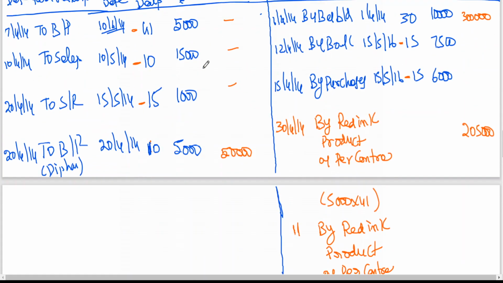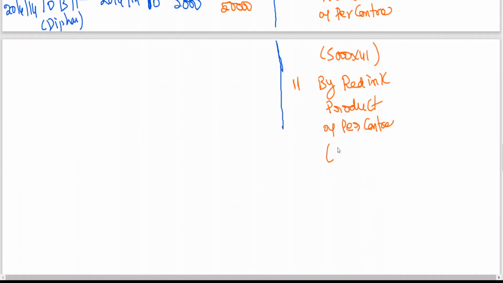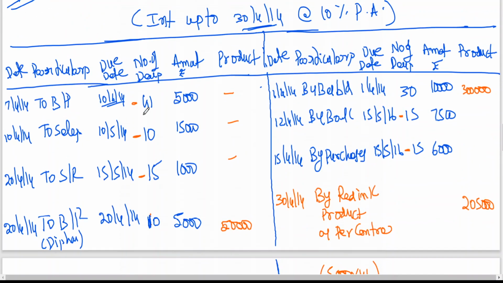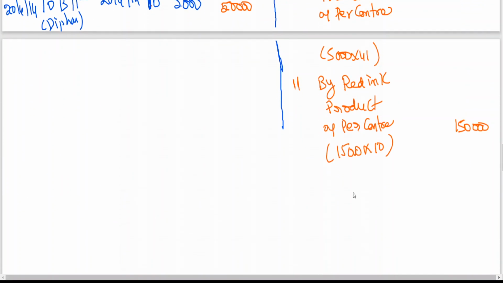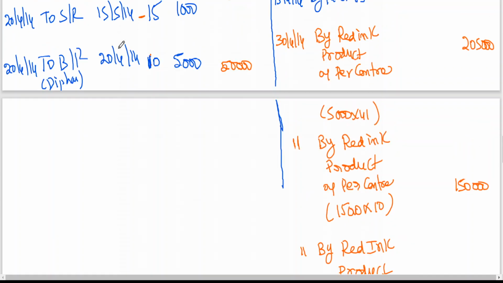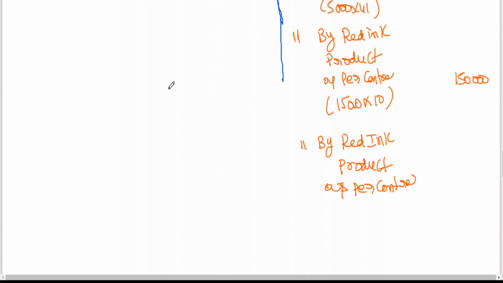Red ink product as per contra, it is coming to 15,000 into 10, 1,50,000. Then by red ink product as per contra, 1,000 into 15, 15,000.